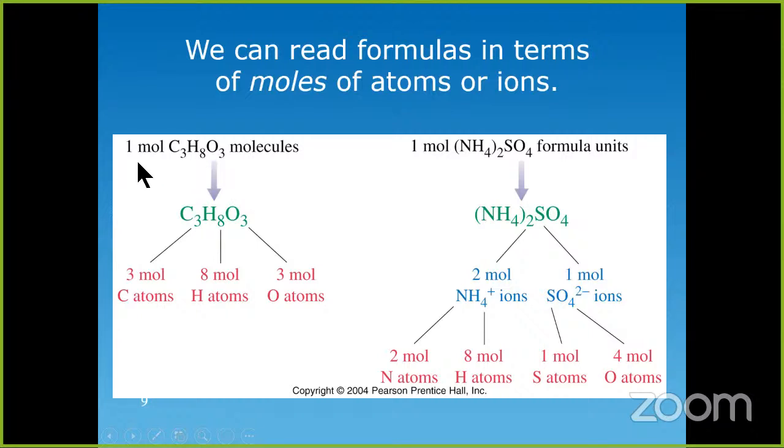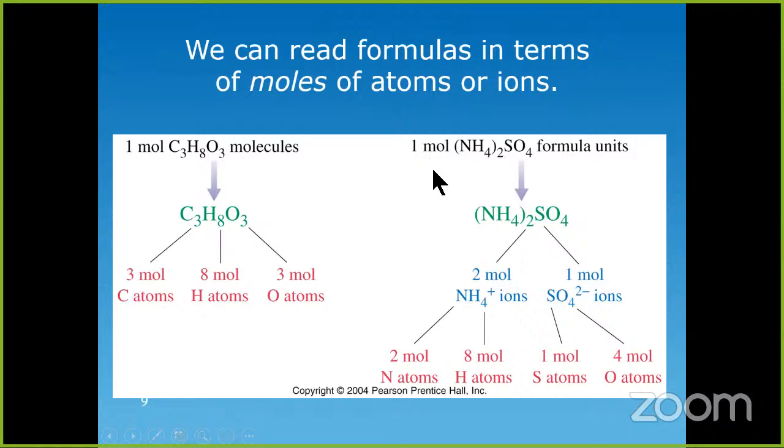And if you have 1 mole of this compound here, then we can determine the moles of carbon, hydrogen, and oxygen present just by using the subscripts. So in this particular compound, 1 mole of this compound will contain 3 moles of carbon atoms, 8 moles of hydrogen atoms, and 3 moles of oxygen atoms, all right? So we can establish the relationship between the moles of a molecule and the moles of the respective atoms that are present within the molecular formula.